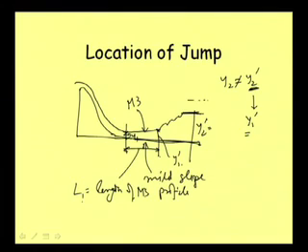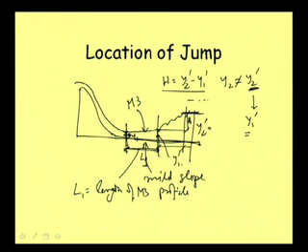Once we know this L1, then from this point where we are observing y1, we need to add this L1, and this will give us the location of this hydraulic jump. And then what will be the length of the hydraulic jump? That we also know from the height. The height of this hydraulic jump is y2 dash minus y1 dash.